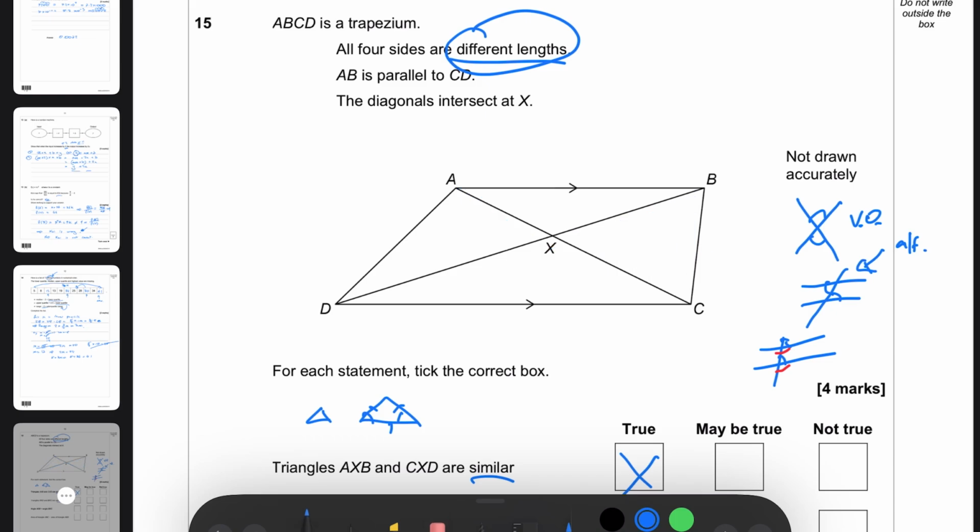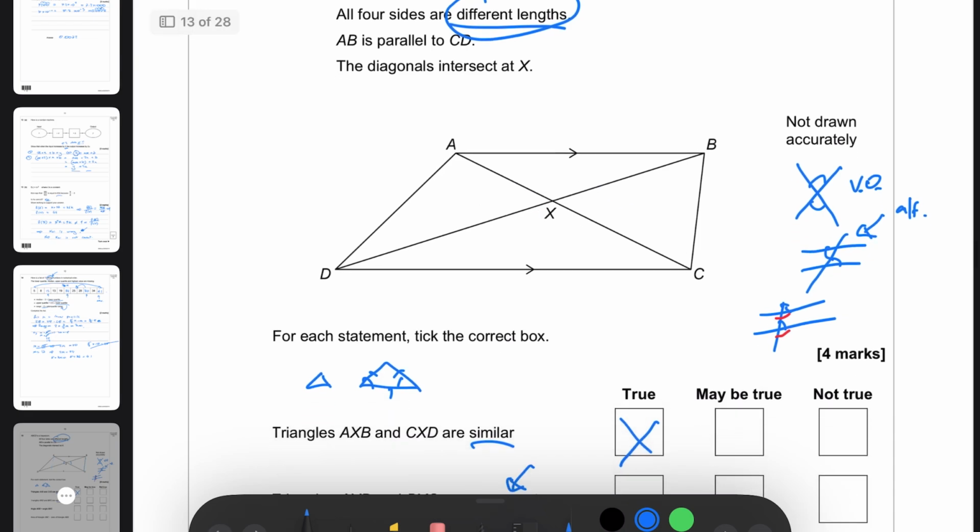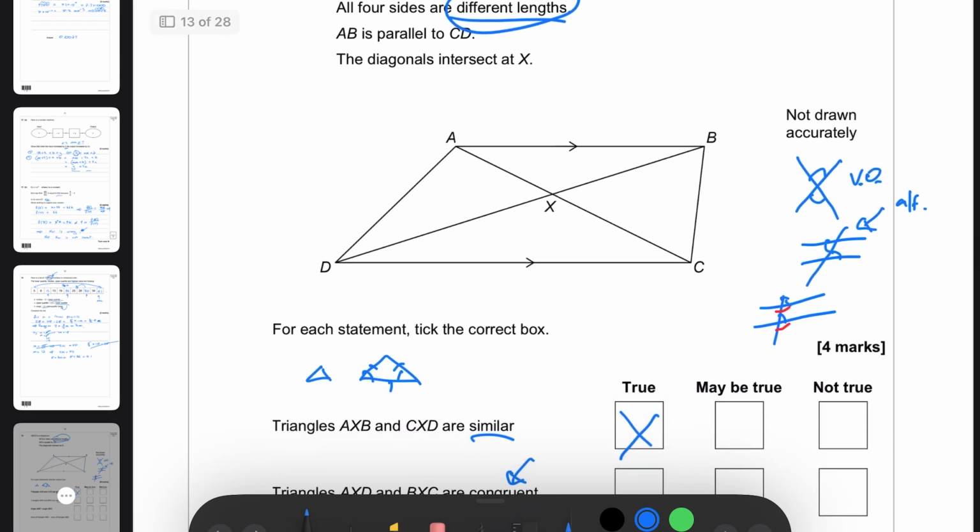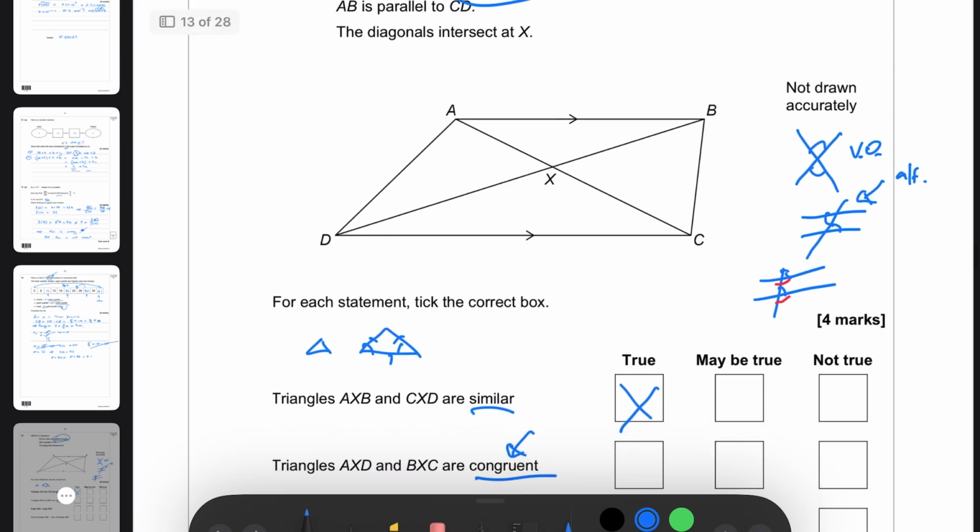These angles are also not going to be the same, since these sides must be parallel for them to be. So this could be true. However, we know that BC is never going to equal AD, right?